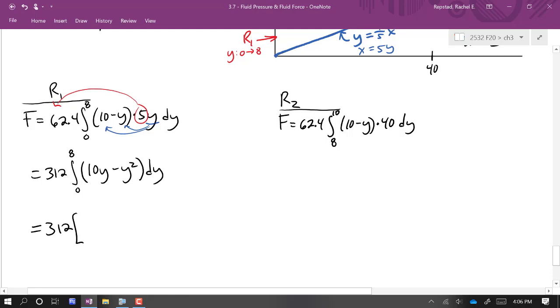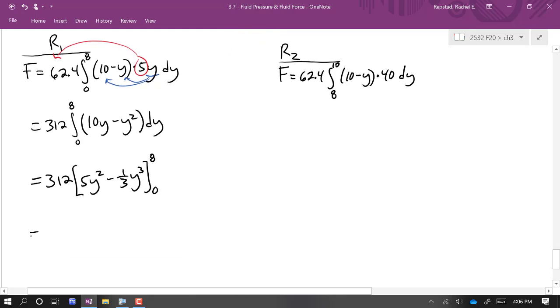Using the power rule, we get 5y squared minus 1/3 y cubed from 0 to 8. We'll plug in our limits.